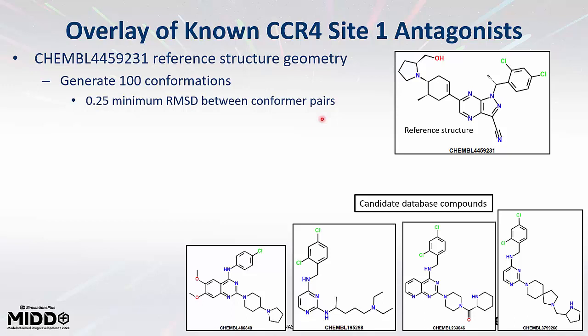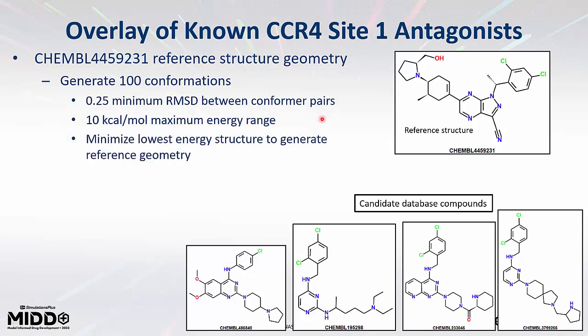And this helps generate a diverse structural or conformer database. Next, each conformer must be within 10 kcals per mole of the minimum energy structure. Then we'll take the minimum energy structure and minimize it to generate the reference conformer, because we only want one conformer for the reference structure.